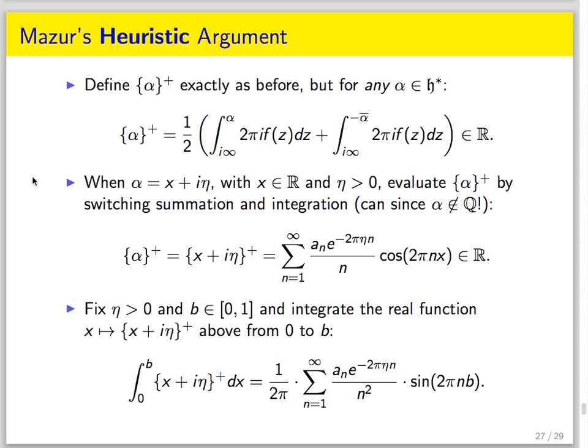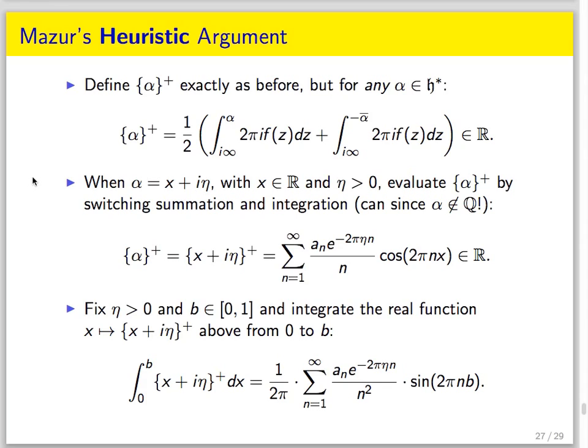So the basic idea in one sentence is that the modular symbol is, after all, the integral from i infinity to alpha. And it is a really annoying thing to evaluate because you're integrating this infinite sum of e to the 2 pi i n z, and you can't switch the order of integration and summation. Because if you try to do that, it doesn't converge at all.